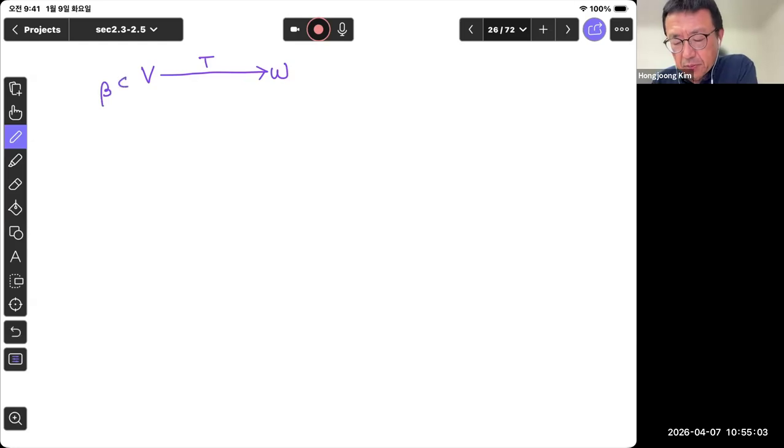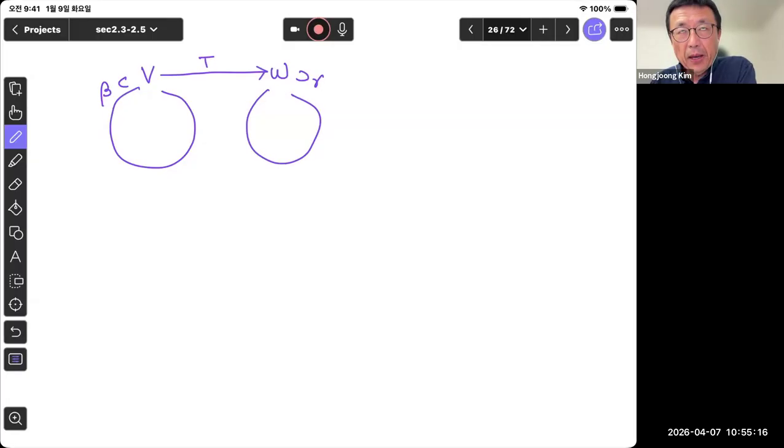That is a basis. And gamma is the basis for W space. And within this V and W, given this beta and gamma, I can find this matrix. Okay, so let me call this guy A for simplicity.